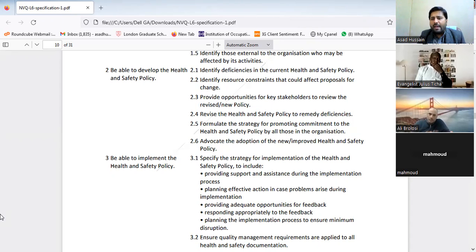You only say that this was our health and safety policy, and after identifying deficiencies, we amended it. So the evidence will be the older version of the health and safety policy and the newer version of the health and safety policy. Is it fine?